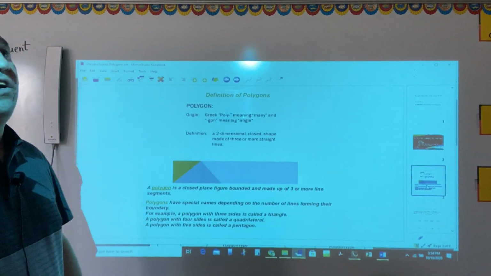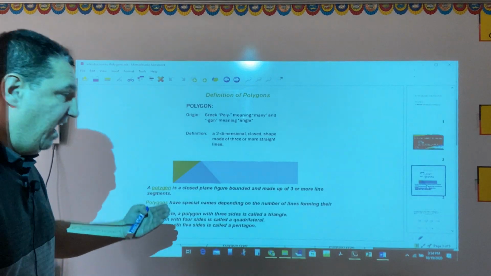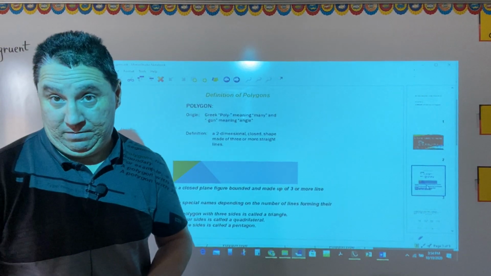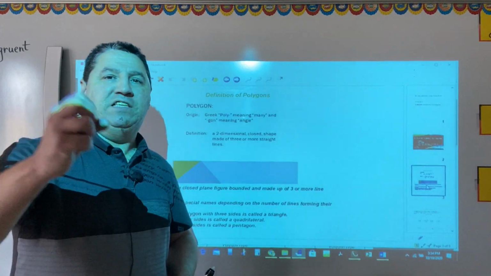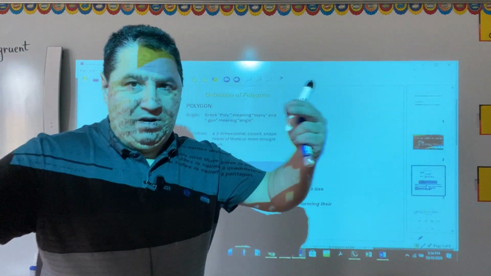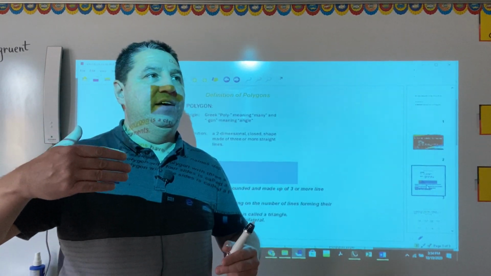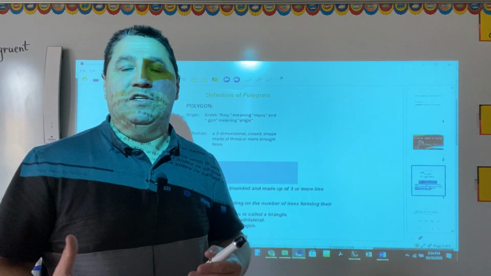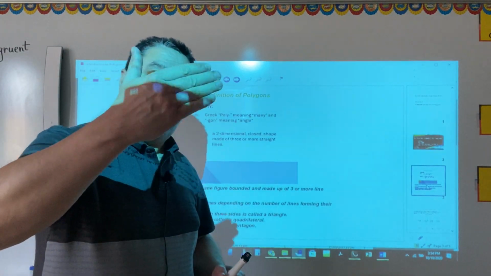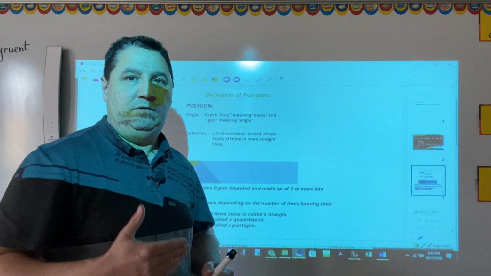Polygons have special names depending on the number of sides forming their boundary, right? For example, the most common polygon and let's say the simplest one, the first one, is a triangle, right? Then next in increasing order is a quadrilateral.